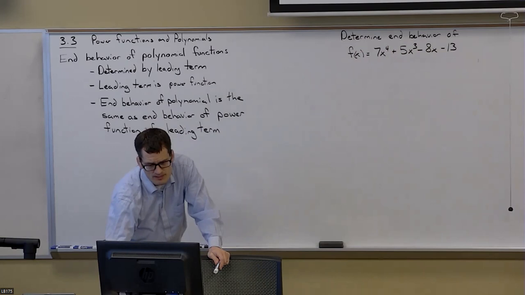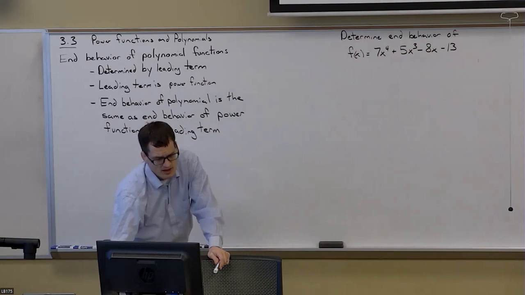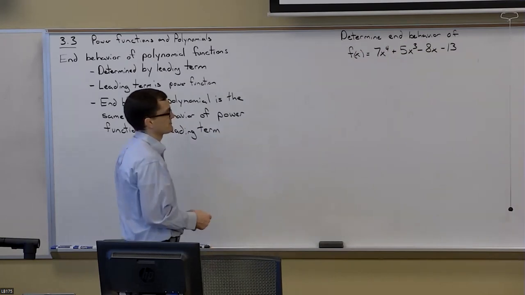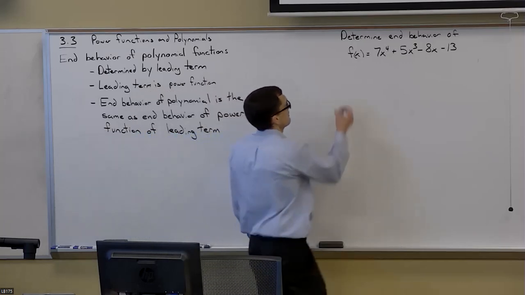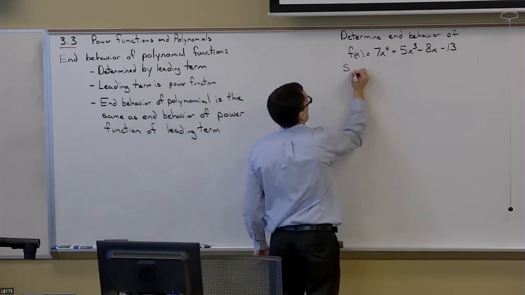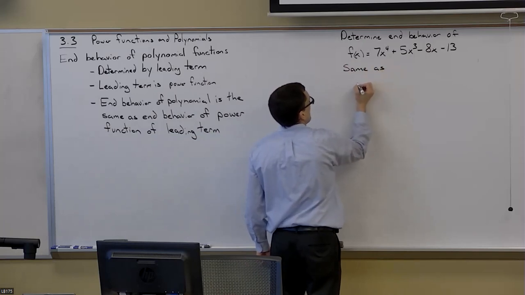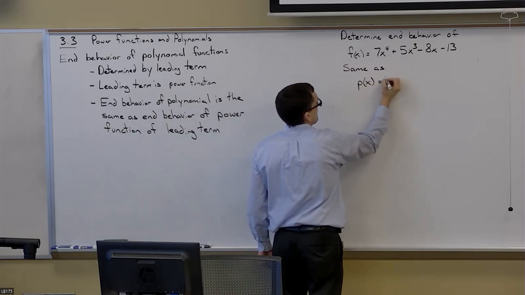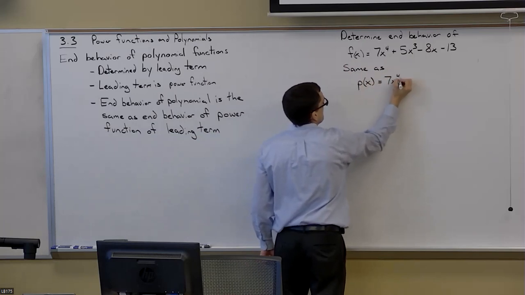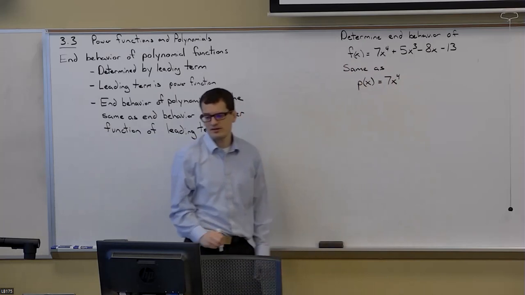So we'll determine the end behavior of this. Well, what we're saying is that it's the same as the end behavior of, I'll call it P of x for power function of x, which is equal to 7x to the fourth.